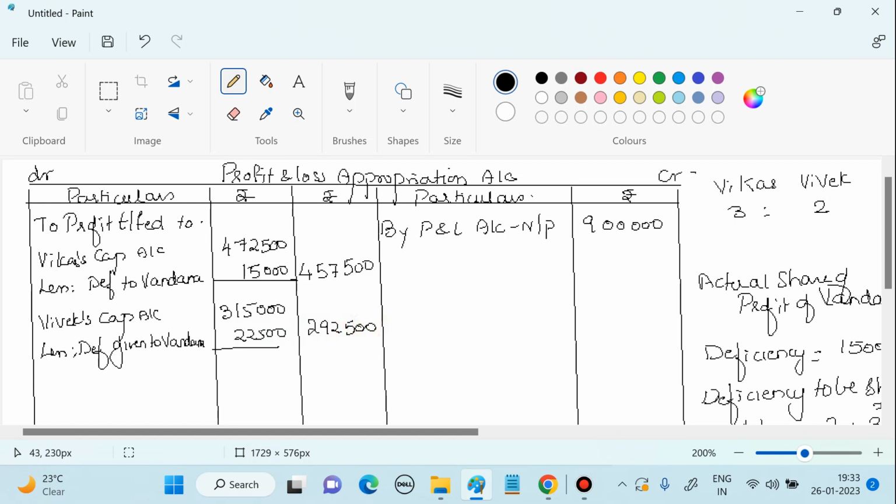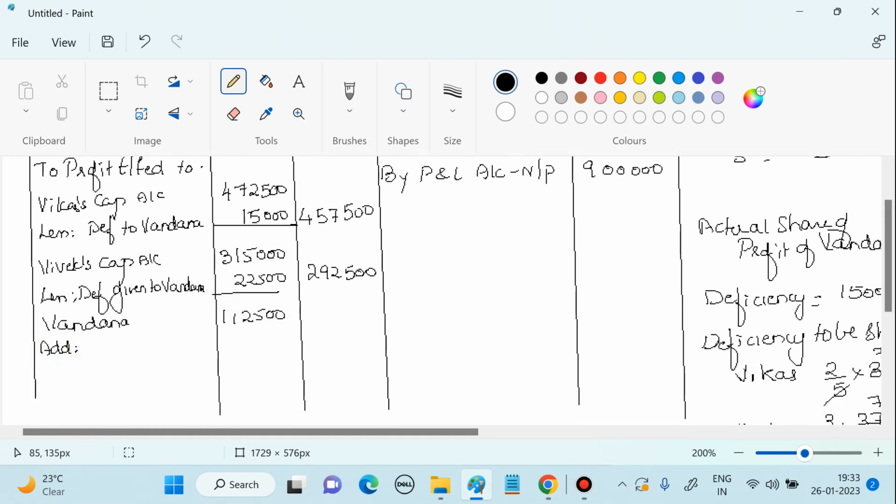Now what would happen in Vandana? Vandana's actual share of profit was 1,12,500. But she is getting her deficiency fulfilled from Vikas. She's getting 15,000. And from Vivek, she's getting 22,500.